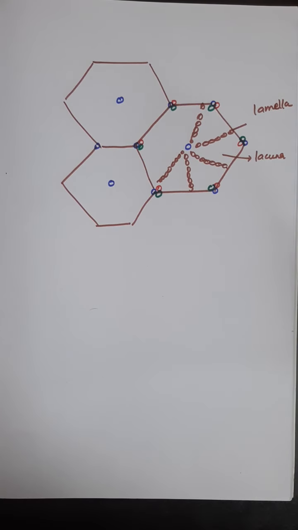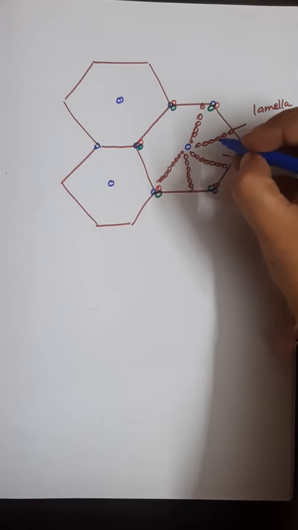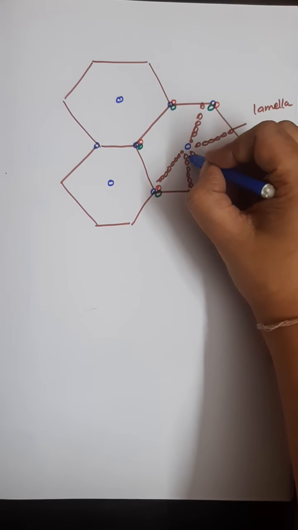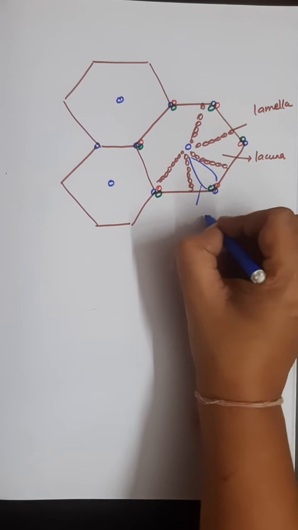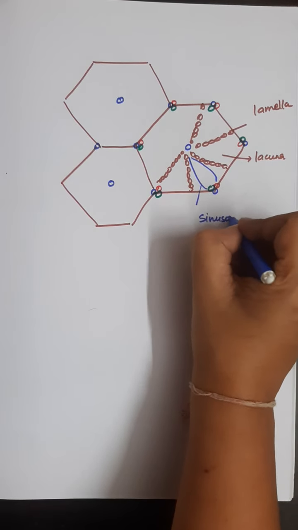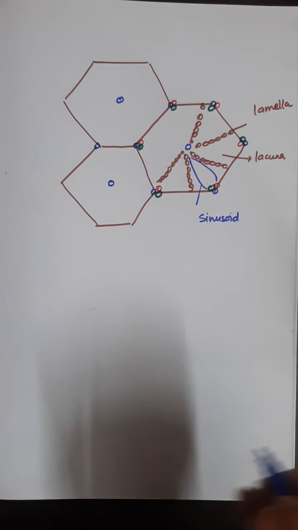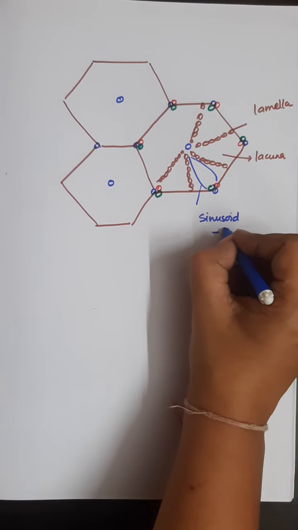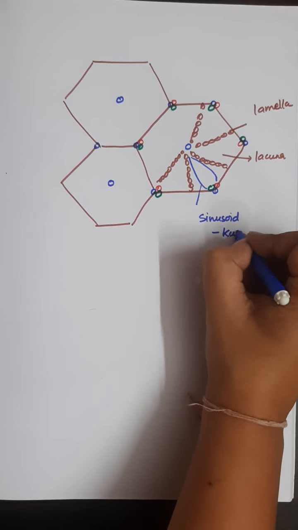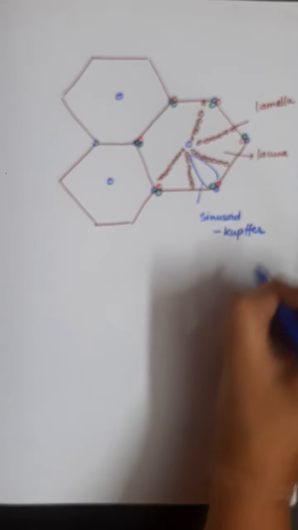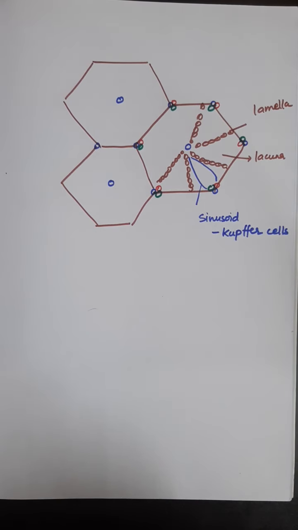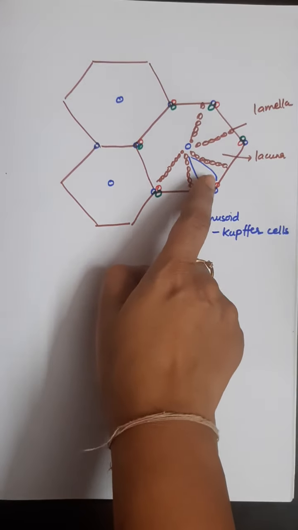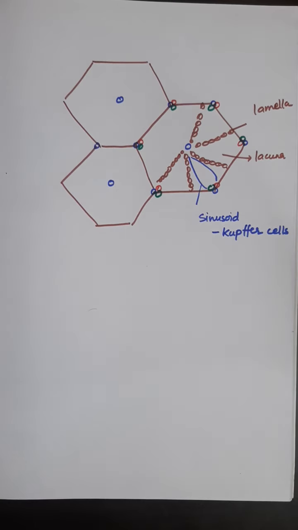Now the lacuna itself is occupied by dilated capillaries called sinusoids, which are lined by endothelial cells. Along with the endothelial cells, they are also lined by special cells called Kupffer cells. These Kupffer cells are phagocytic in nature, which will remove the unwanted material from the blood within the sinusoids.